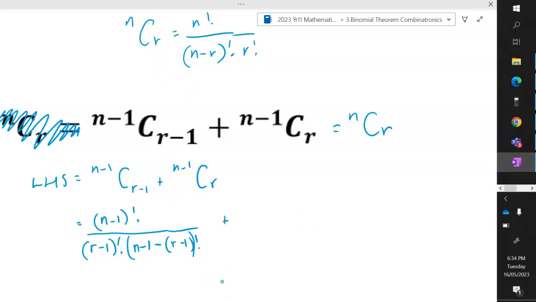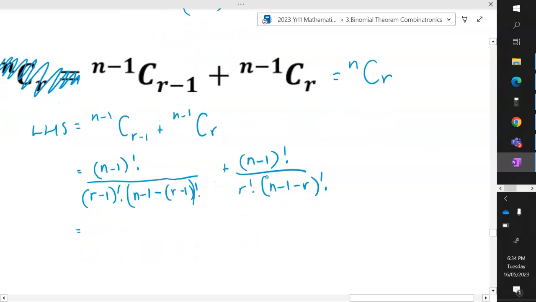Okay, that's going to be plus. Let's organise the second one here, which will be n minus 1 factorial on the top line. It will then be r factorial on the bottom, multiplied by n minus 1 minus r factorial. Now I'm just going to neaten that up. Most of the time these fall out with just algebra manipulation.